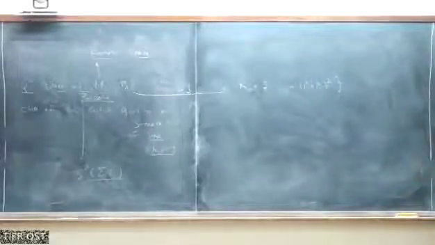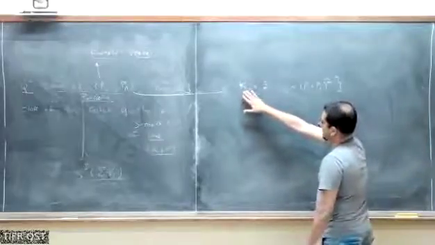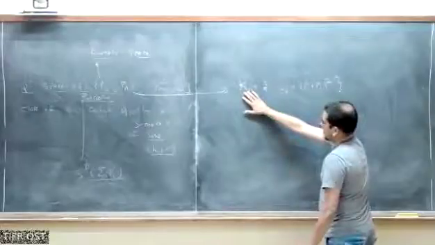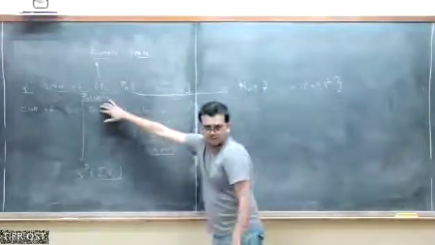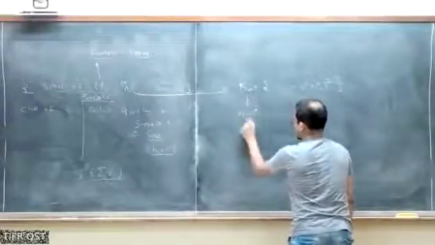Now it turns out that if you count the dimension of this kinematic space, which is the space of n momenta modulo the Lorentz group, then it has a dimension which is n times (n minus 3) by 2.